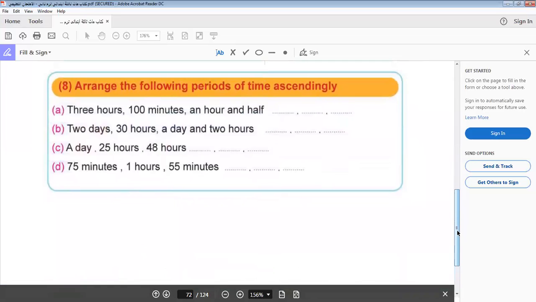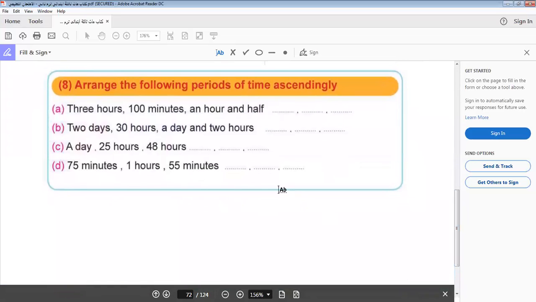Arrange the following periods of time ascendingly. Here you have 3 hours, 100 minutes, and an hour and a half. Since the smallest unit is minutes, because I have hour and minute, and the minute is smaller than the hour, I can convert all of them to the smallest period.